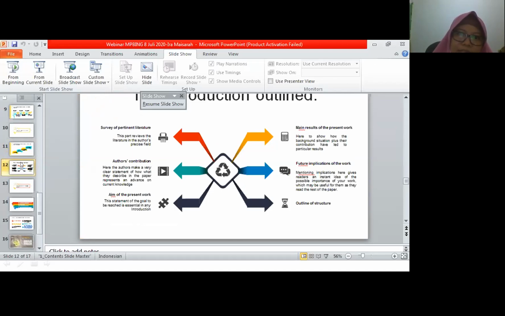And that's why we have to make an outline in developing our introduction. First, we have to survey the literature review.